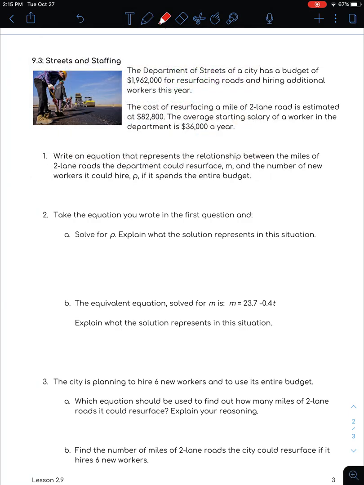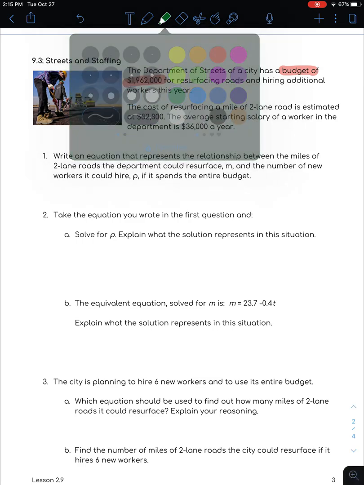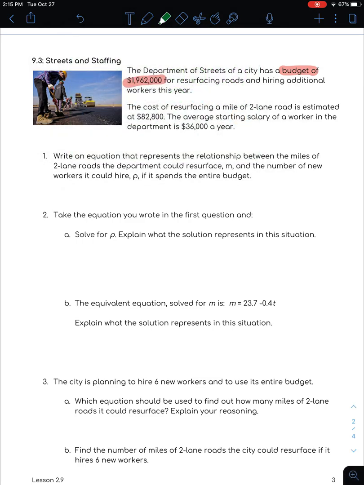All right, so similar to the last problem, let's go back and highlight some of the variables and what we're trying to calculate here. We're told that it has a final budget of almost $2 million, $1,962,000. Then we have miles of road that are getting resurfaced, and each mile is estimated at $82,800.